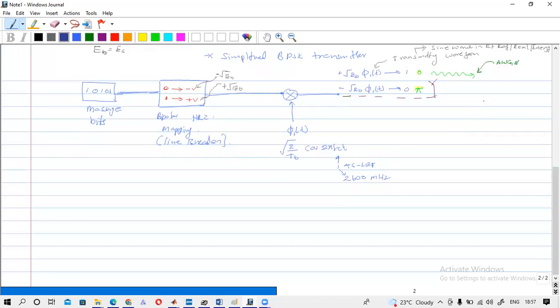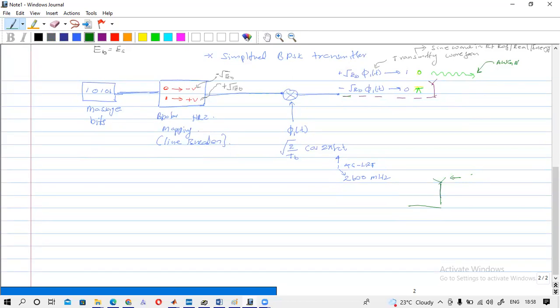The signal will be transmitted, and then at the receiver, let's say this is the receive antenna. This signal will be received here, but the received signal will also have some noise component.